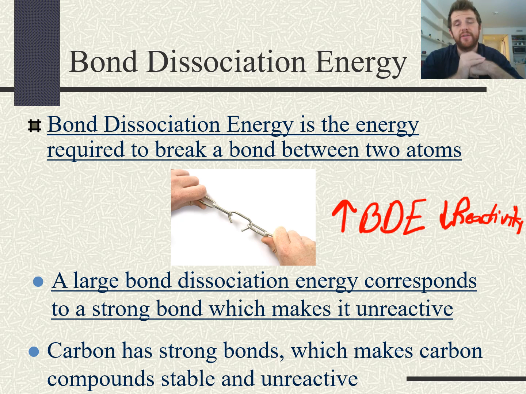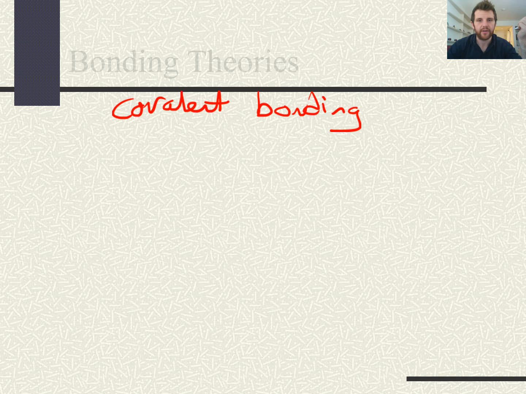So the nucleus is able to have a greater hold on those sharing pairs of electrons, which makes carbon compounds very stable and generally unreactive. This is why your body, which is covered with carbon, doesn't start reacting with the air as you walk down the street. That would be horrible. You just started walking along and then all of a sudden you could see your skin changing colors. Not a good thing.